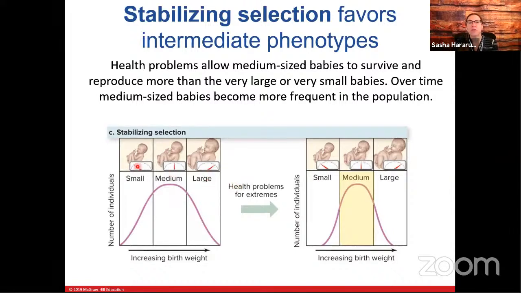Okay, so that is the underlying mechanism of the stabilizing selection. The bell-shaped curve is becoming more narrow due to lower survival rates of the individuals on the extreme ends of the spectrum, on the extreme ends of the bell-shaped curve. Does that make sense?